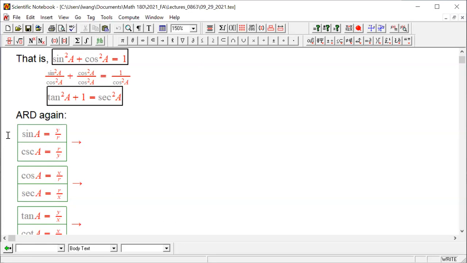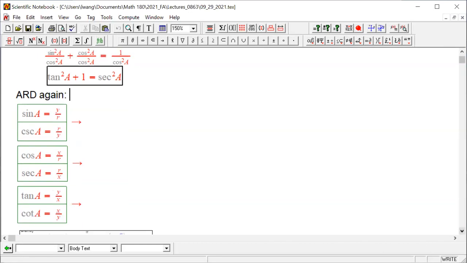In the definitions of sine, cosine, tangent, cotangent, secant, and cosecant, what I do is rearrange them. I bring sine and cosecant together, I bring cosine and secant together, and I bring tangent and cotangent together.